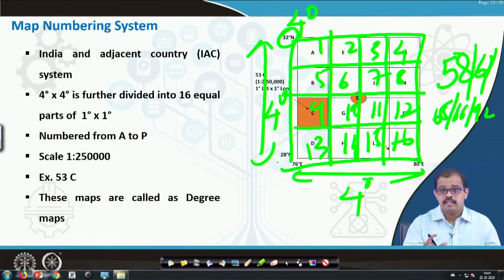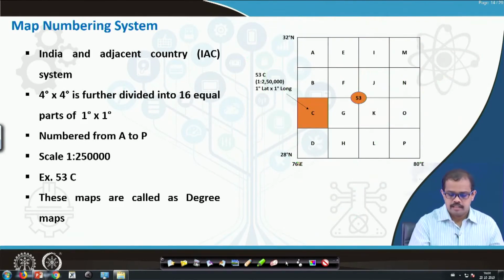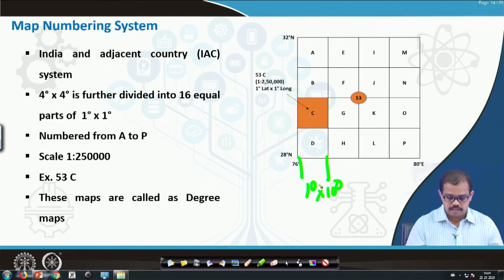If I divide the 1 is to 1 million map that has 4 degree by 4 degree into 16 cells, each cell is 1 degree by 1 degree. Okay, now let me erase this. This cell is 1 degree by 1 degree, right?